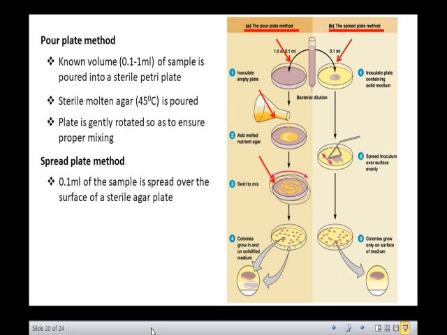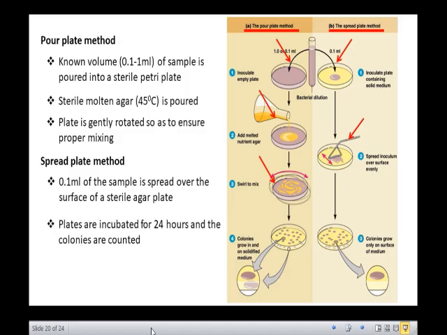over the surface of the sterile agar plate with the help of a sterile glass spreader as shown in the figure. The surface of the agar should be dry so that it soaks in the sample. It is not desirable to use a sample volume more than 0.1 ml because the excess volume does not soak in and causes the colonies to mix and fuse so that it becomes difficult to count them and also leads to errors.